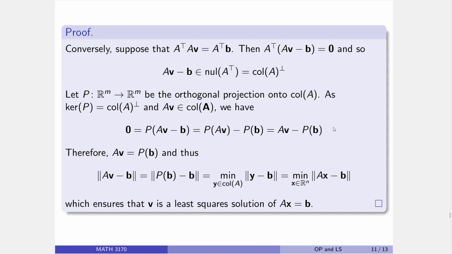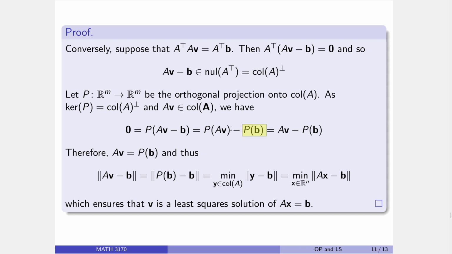So if we take the orthogonal projection, everything just reveals itself. We know that the kernel is the orthogonal complement of the column space. Then P of AV minus B has to equal 0 because it's in the kernel of the projection.